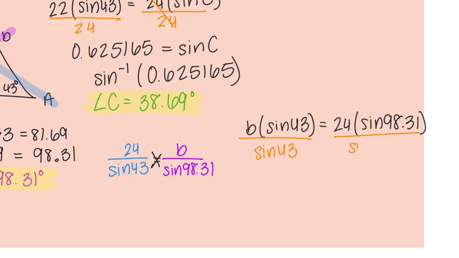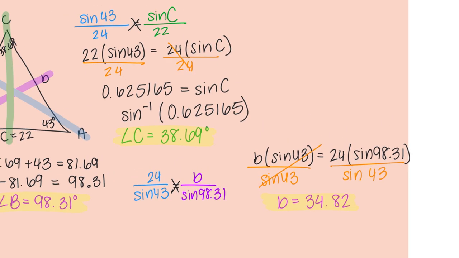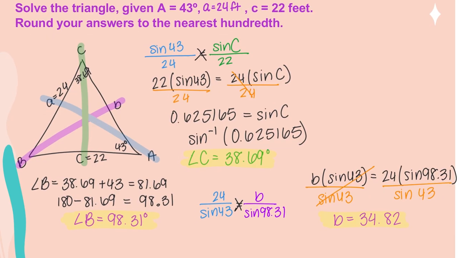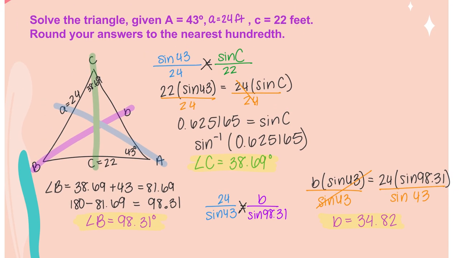Plug that into your calculator, and we should get the correct answer. If you plugged it in correctly, your answer for this should have been B equals, we're rounding to the nearest hundredth, 34.82 is your answer for this one. So make sure you understand why I'm flipping it. Depends on what I'm solving for.